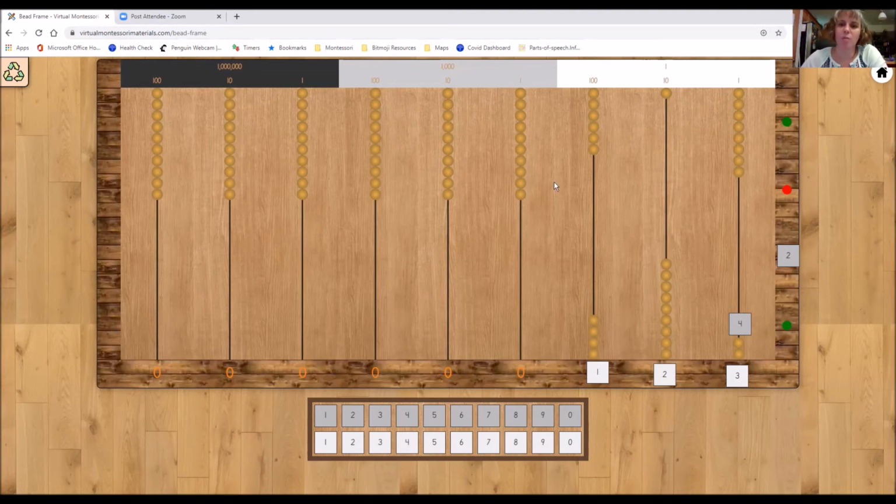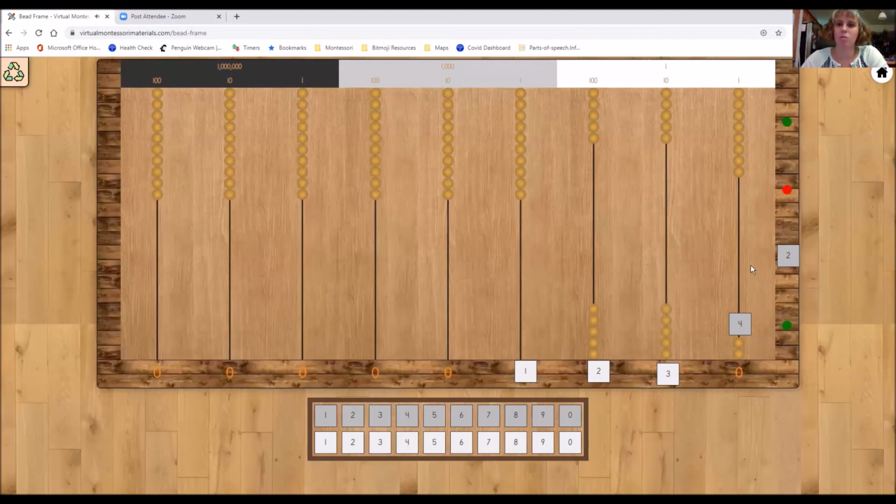And we have to move our numbers down. This is the only tricky part about doing this, is you have to move your numbers down yourself. There it is. We're starting on the 10 wire because we're starting with the 10. 3 times 2. 3 times 2 is 6. There's 1. Make a trade. 2, 3, 4, 5, 6.